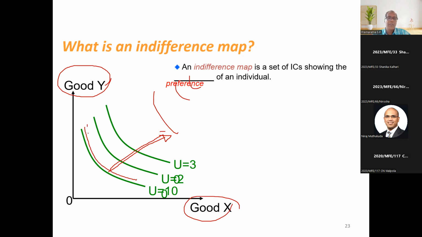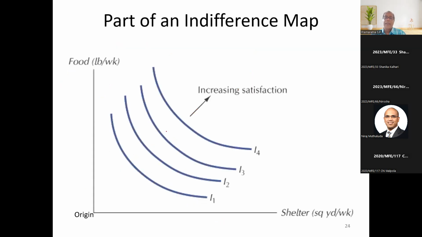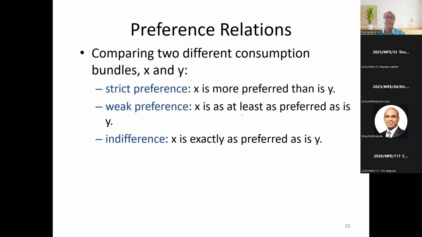Even if I can't draw them all here, there are indifference curves everywhere in this space. Moving away from the origin, the satisfaction is higher. That's what we have to understand, and you can increase satisfaction in this direction.